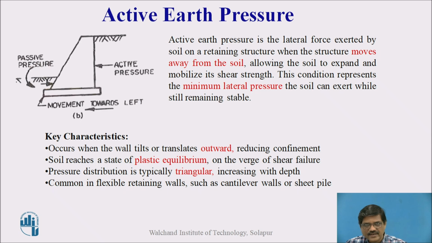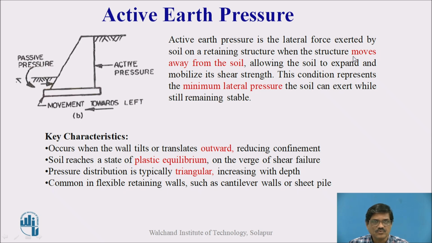Whereas, if I go for the active earth pressure, so here you can see the active earth pressure is the lateral force exerted by the soil on a retaining structure when the structure moves away from the soil, allowing the soil to expand and mobilize its shear strength. So, if I take an example of this retaining wall, it has the freedom to move in a lateral direction.